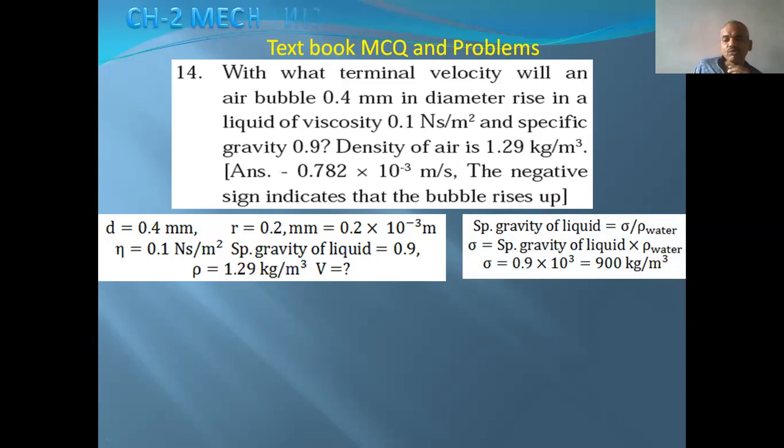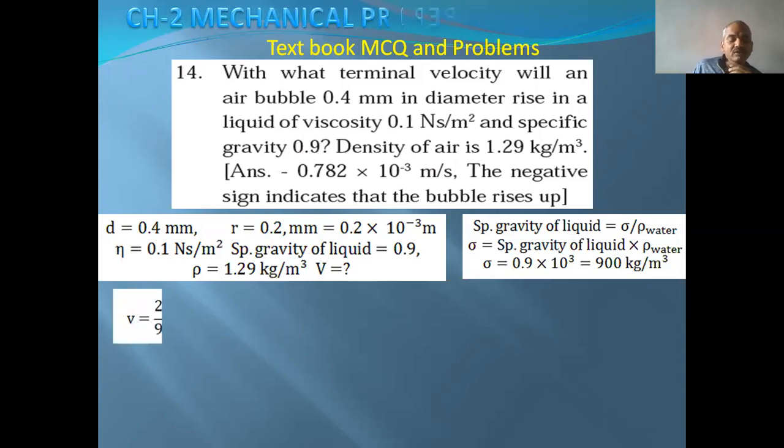We use here the rho for water as 10 raised to 3 kilogram per meter cube. The specific gravity is 0.9, and hence you get the value for sigma, that is the density of the liquid, as 900 kilogram per meter cube.